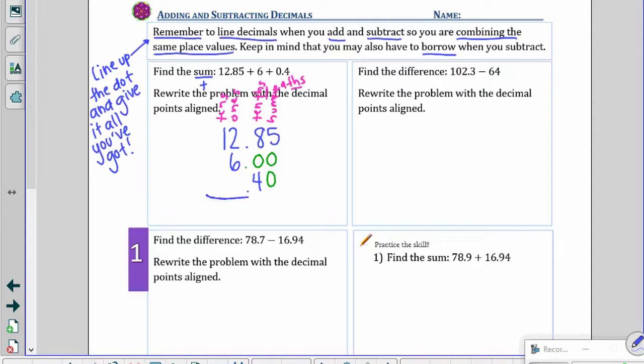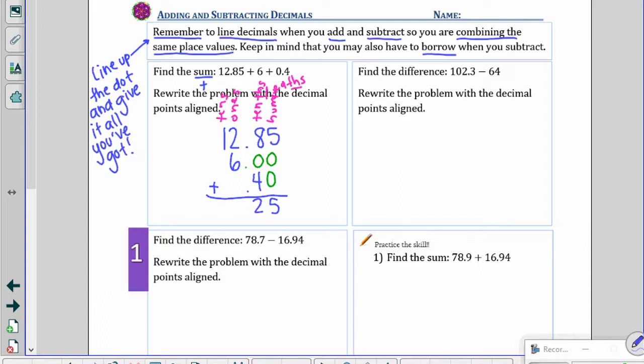All right, let's start with the hundredths place. So I have 5 plus 0 plus 0, that's 5. In the tenths place, I have 8 plus 0 plus 4, that's 12. So I'm going to put the 2 down and carry the 1.